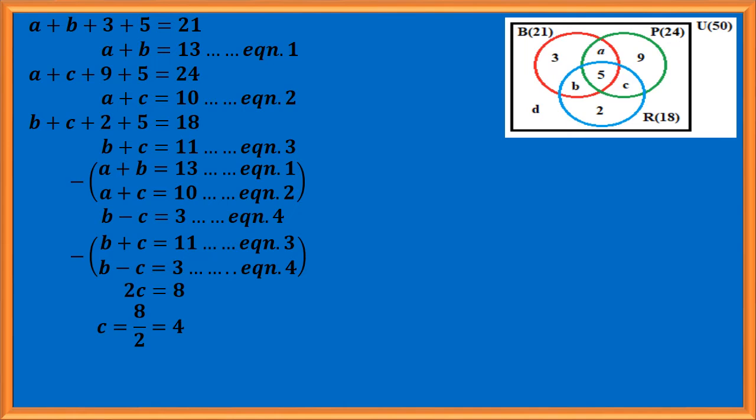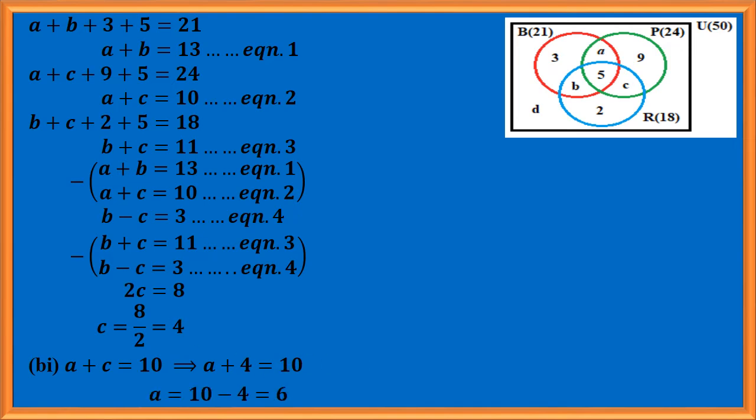So for Roman number 2I, or for BI, we were asked to find those who chose plantain and beans only, which is A. So doing that, we'll have A plus C equal to 10, which implies A plus 4, since we now know C is 4, equal to 10, making A the subject.